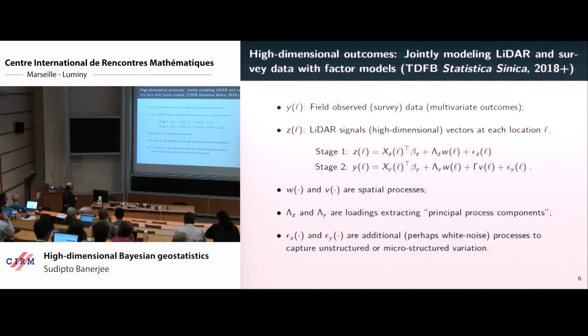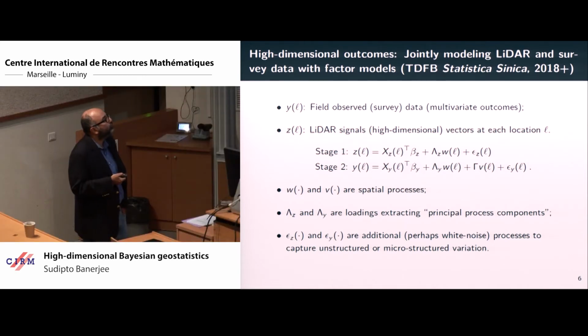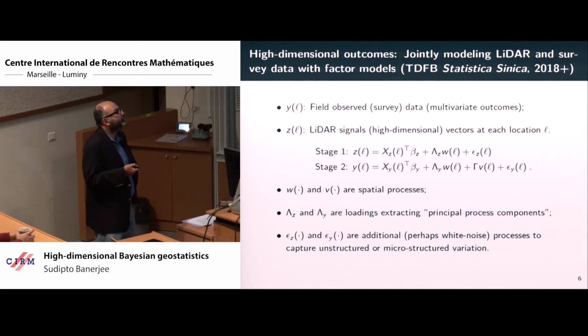Basically, you're modeling the LiDAR data using a fairly straightforward spatial factor model. Then your field observations can learn from the LiDAR observations as well using a common factor or common underlying process, and then an adjustment that could come from lack of goodness of fit as well as measurement error. So you have these two processes to adjust for that.